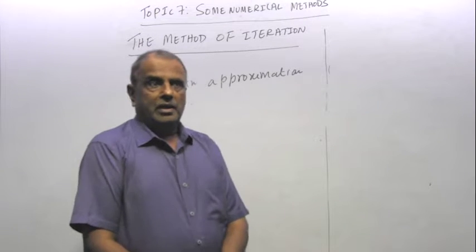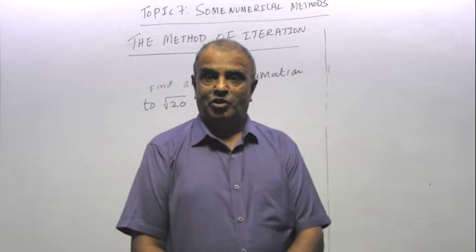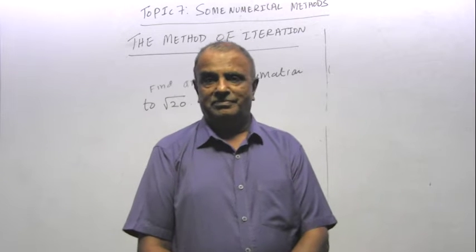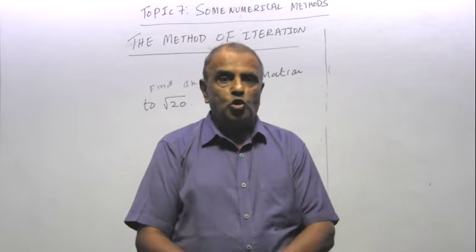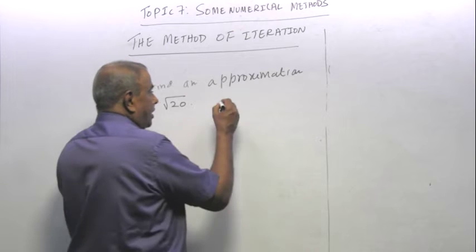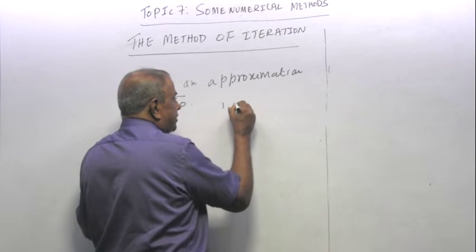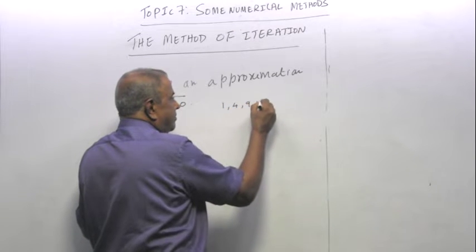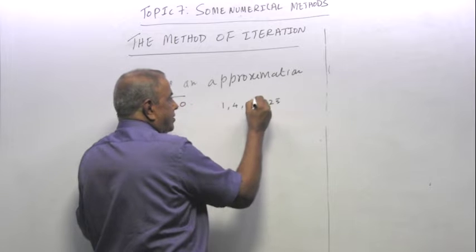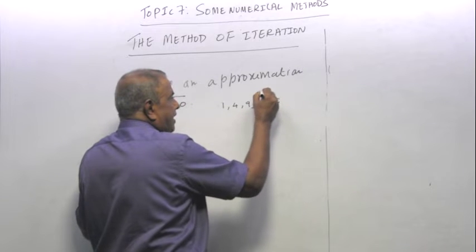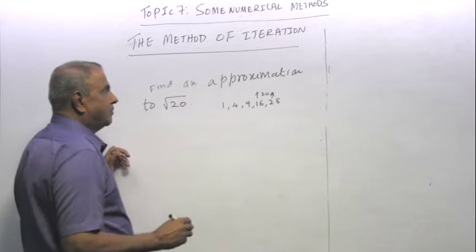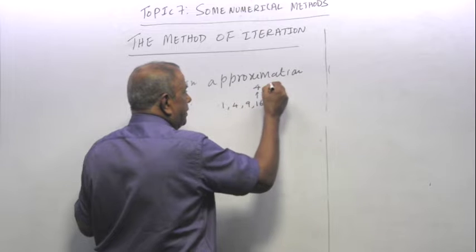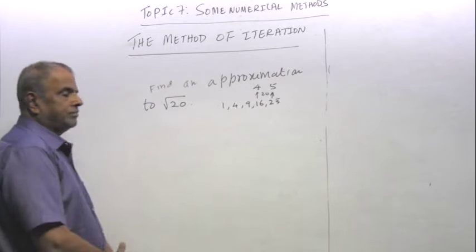It's not a perfect square, so you have to find an approximation. If you write the square numbers, 20 is somewhere in between, so it's between 4 and 5.